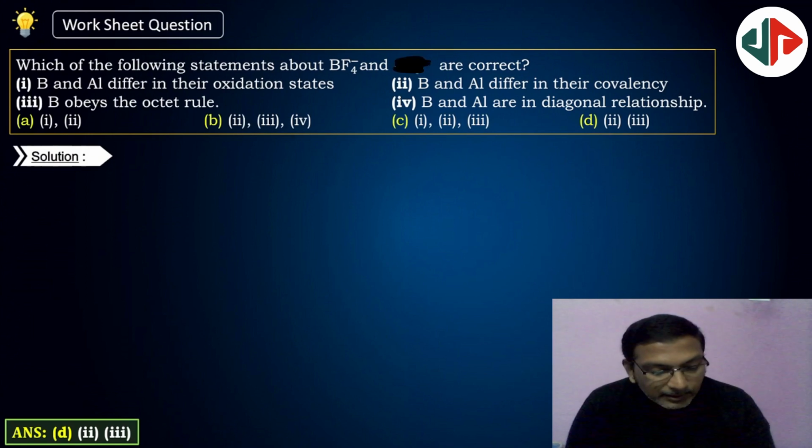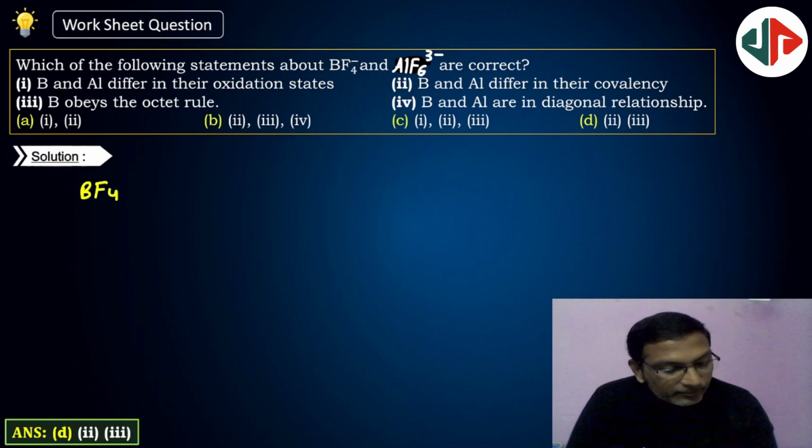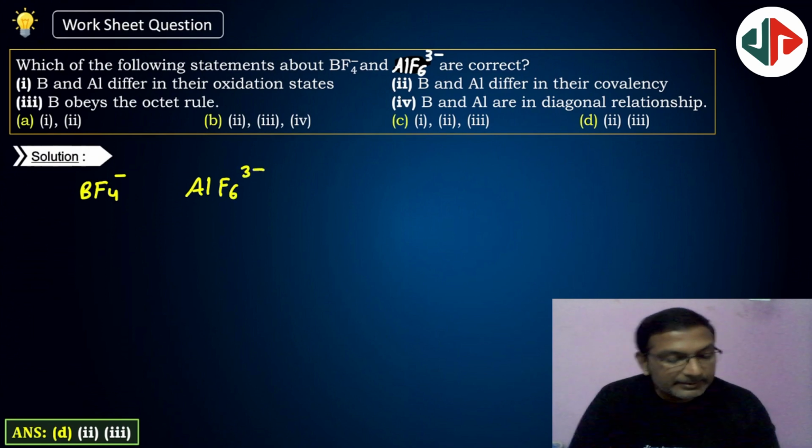I am changing the compound here: AlF6 3 minus. This will be the compound. So what is given? BF4 minus and AlF6 3 minus. First, calculate the oxidation state.